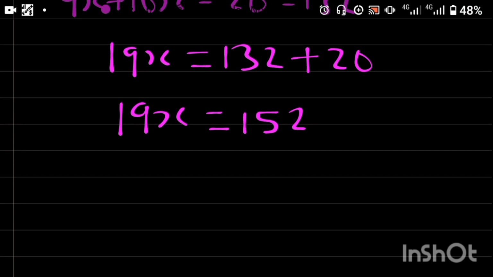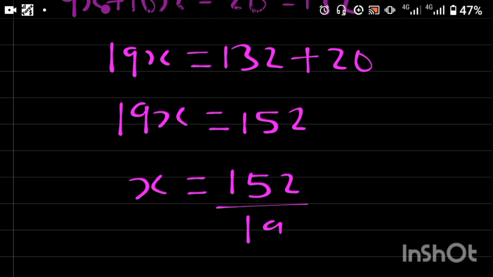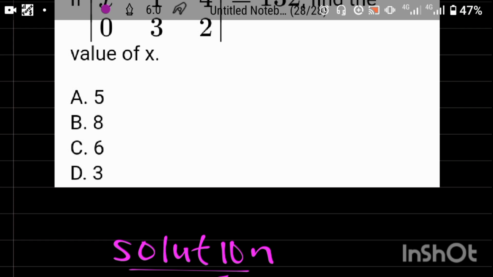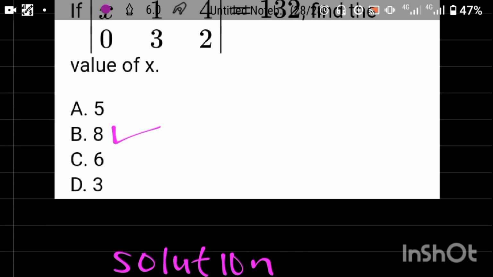At this particular stage, you are going to divide both sides by 19. I have 152 divided by 19. x is equal to 8. The correct answer is 8.